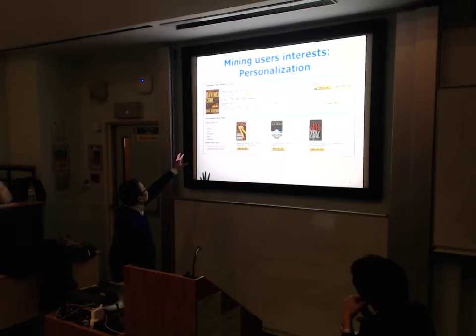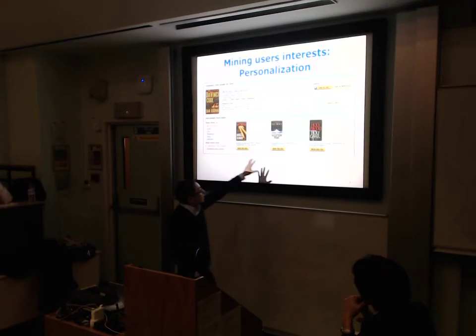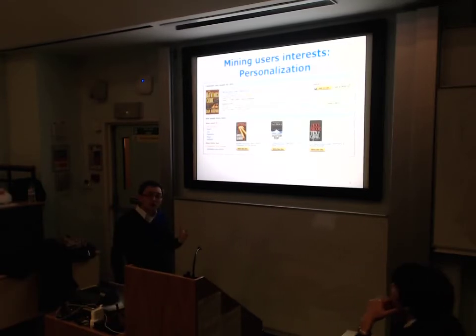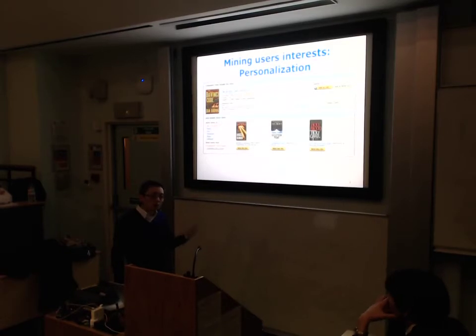If you look at this book, it basically shows that people who bought this item also bought that item. That's very simple statistics, but it works quite well when you have no clue as to what specific book you want to buy, but you have a general idea of a certain topic.